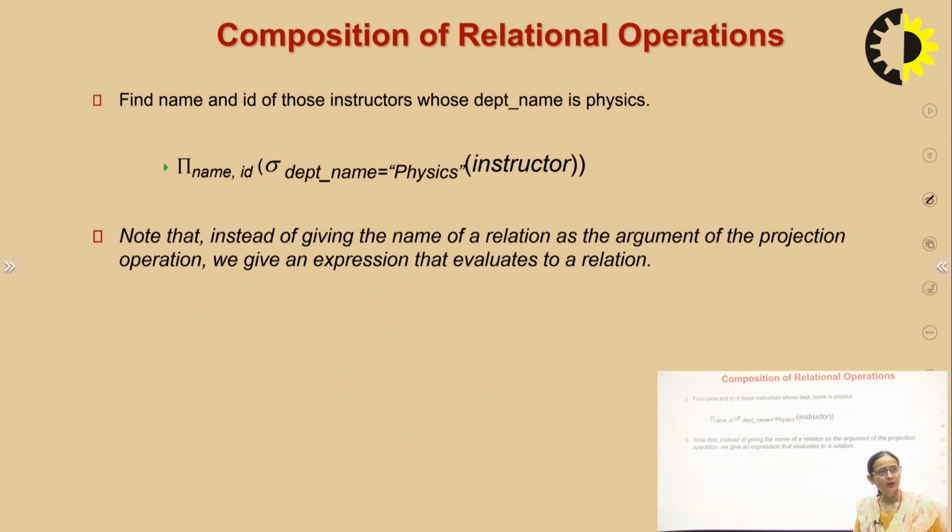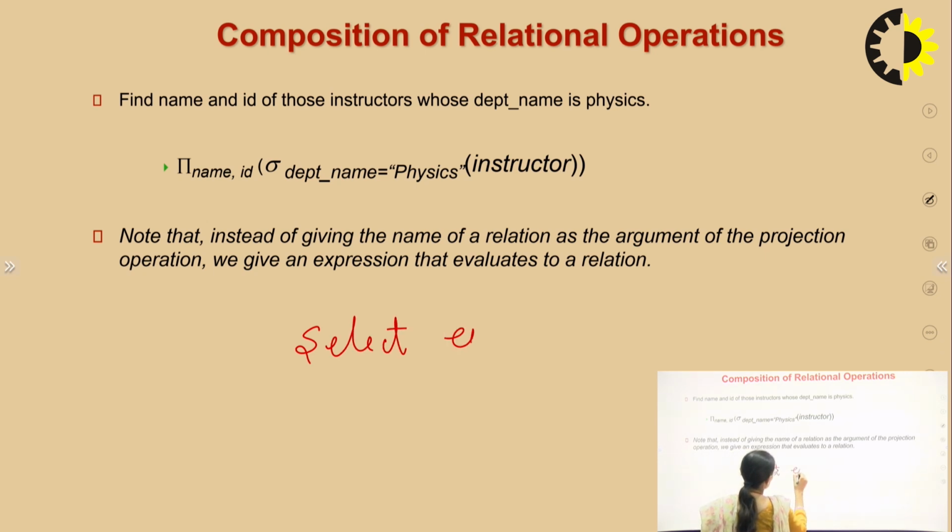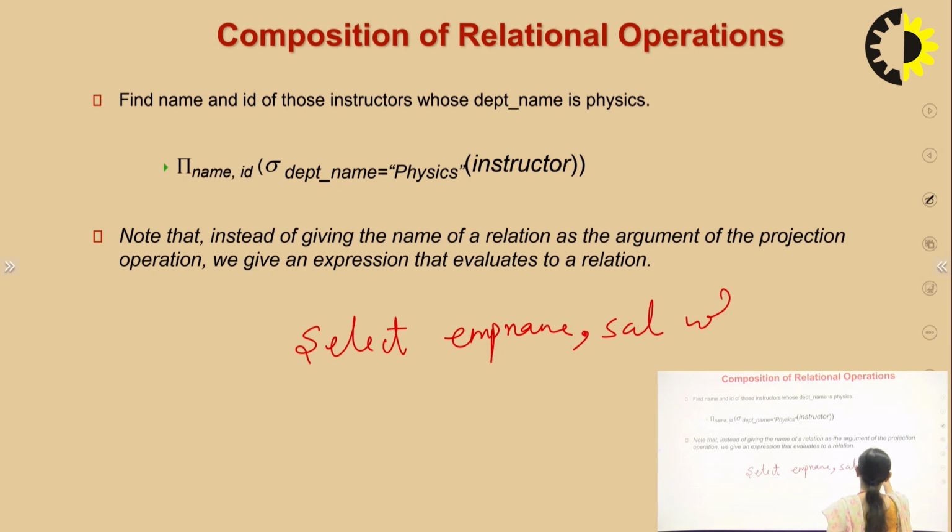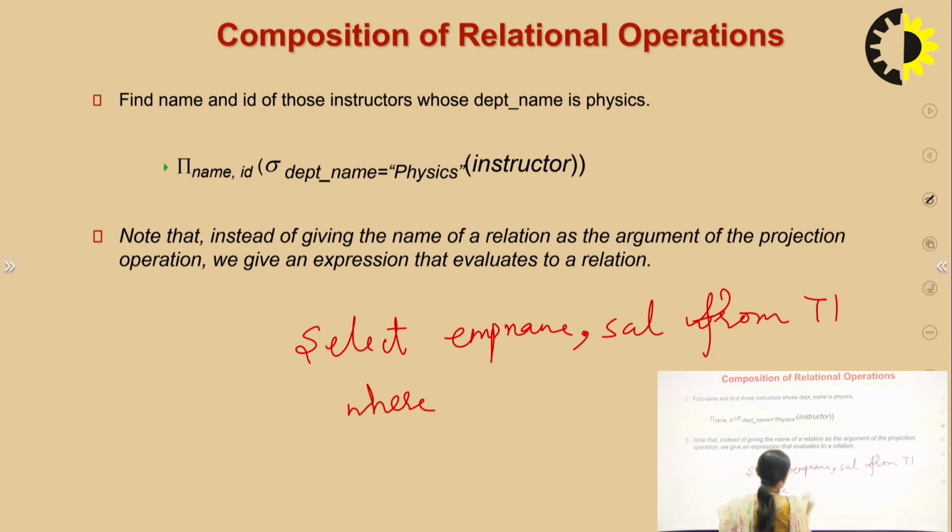How do we use both pi and sigma? Here we have a query, for example, select employee name, salary from relation T1 where employee salary is greater than 50,000.